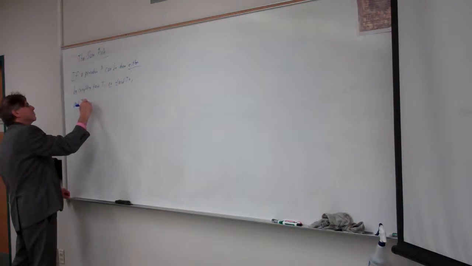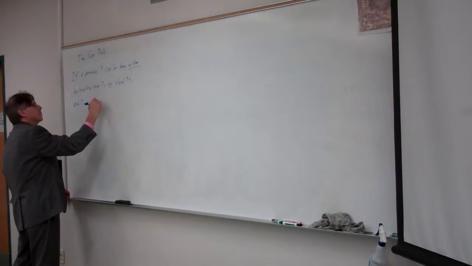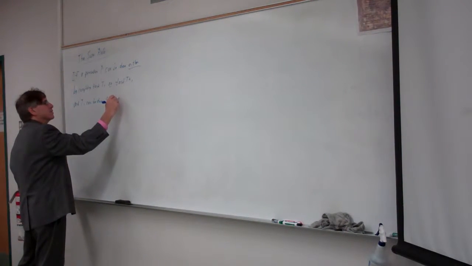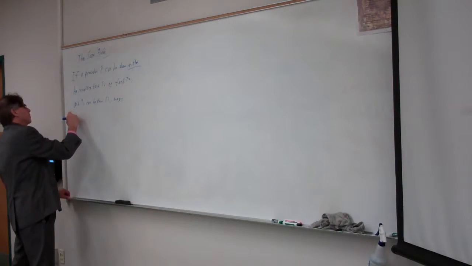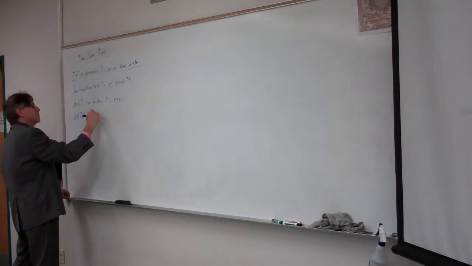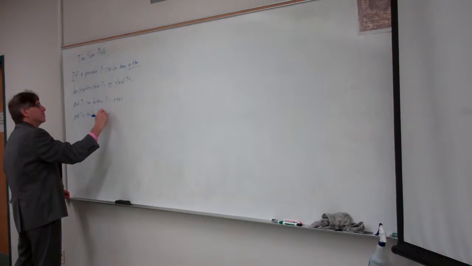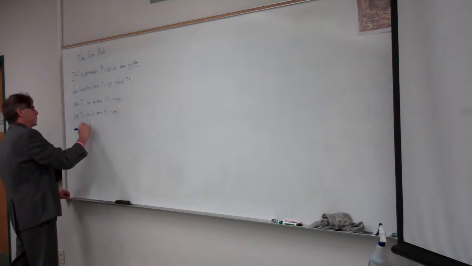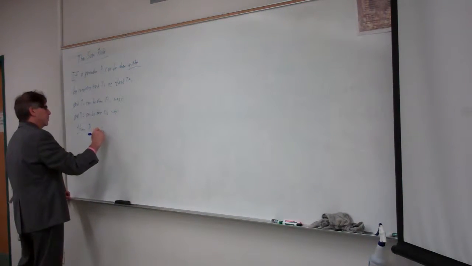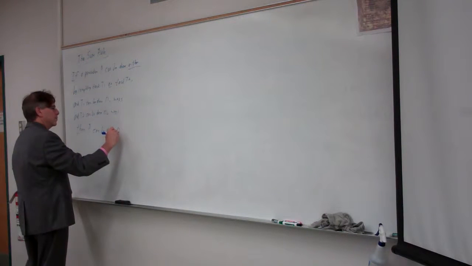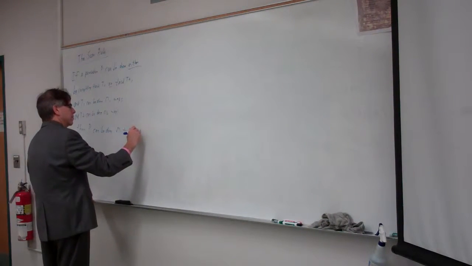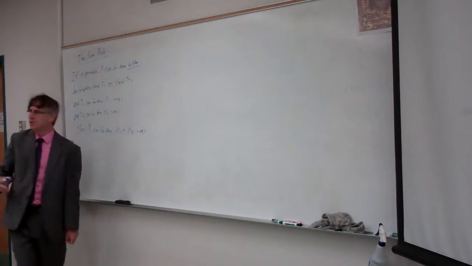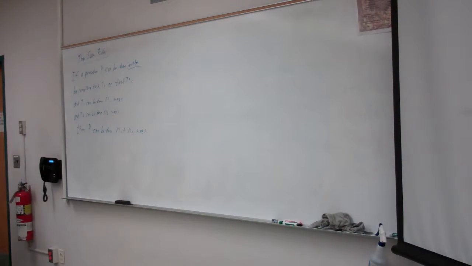And T1 can be done in N1 ways, and T2 can be done in N2 ways. And the total number of ways to do our original procedure is N1 plus N2.